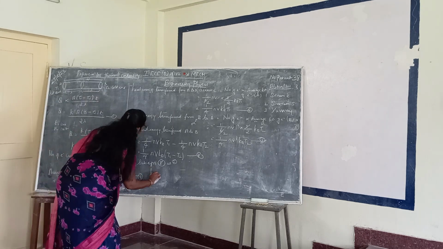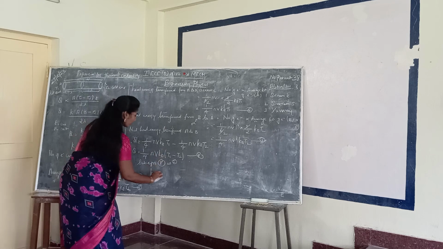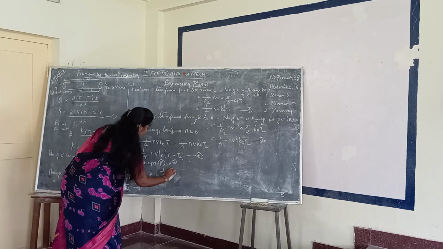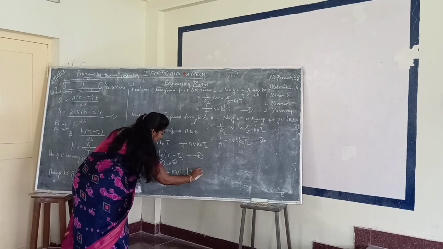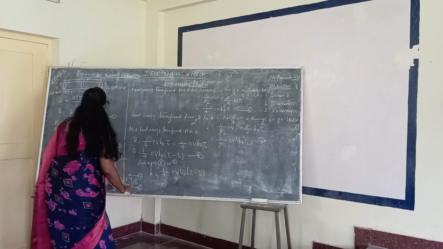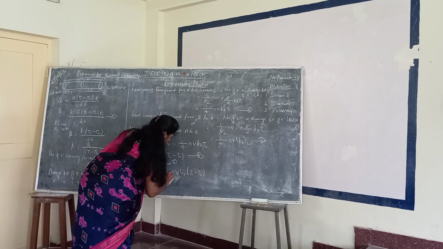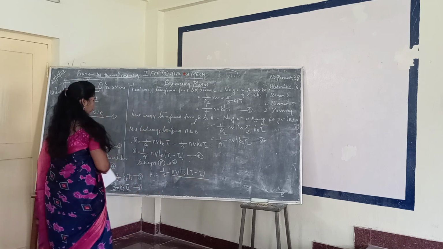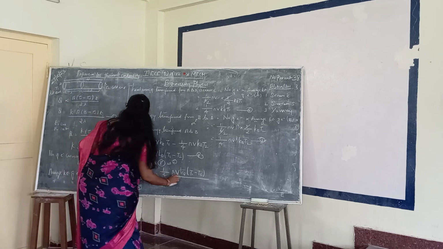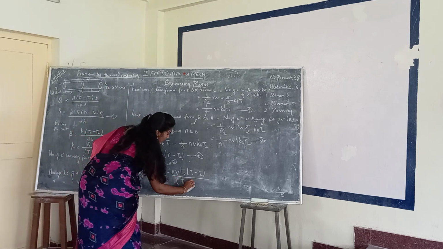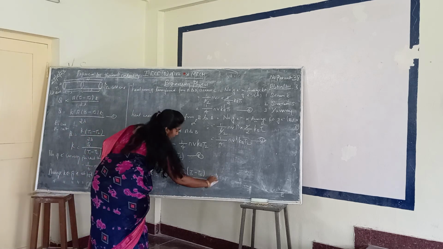So K is equal to Q, which for us is 1 divided by 4 into nV kV T1 minus T2, divided by T1 minus T2 then 2 lambda.